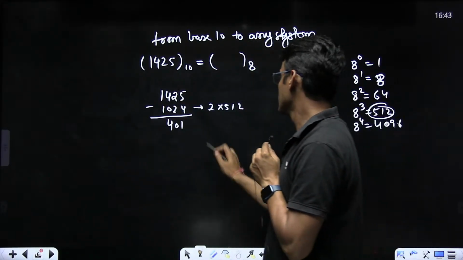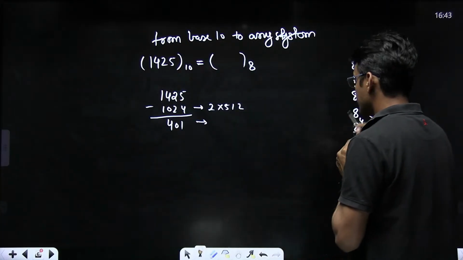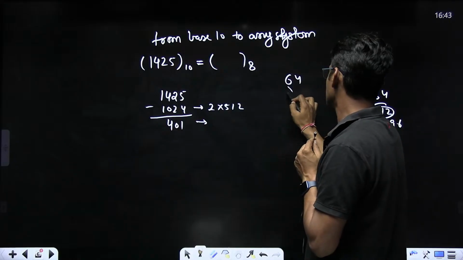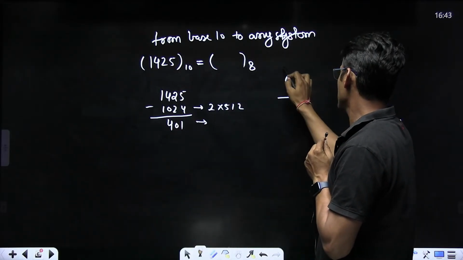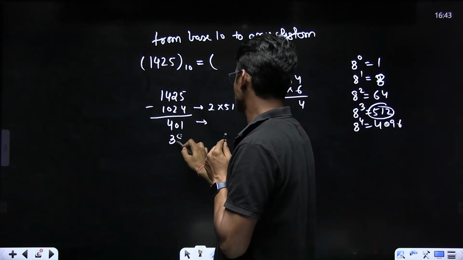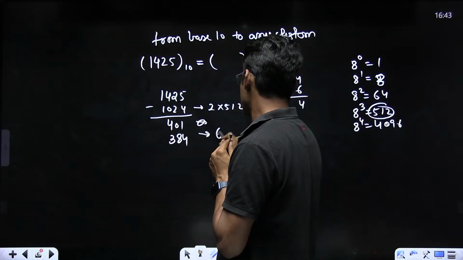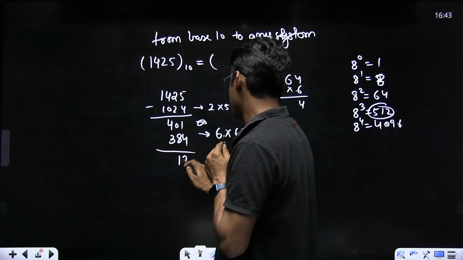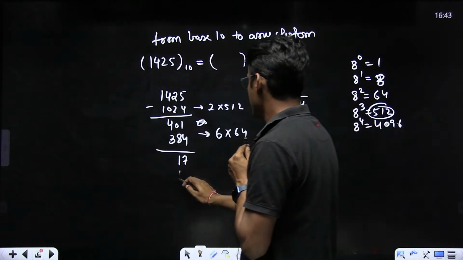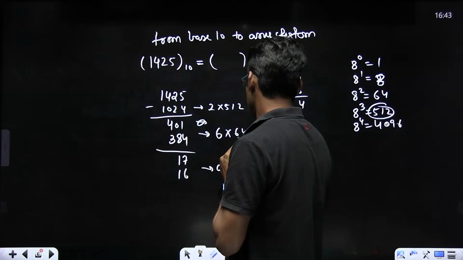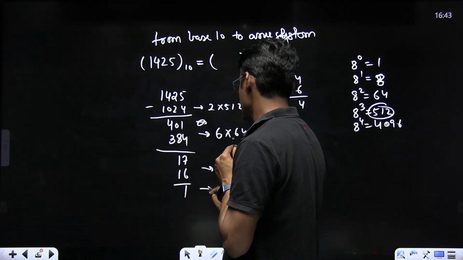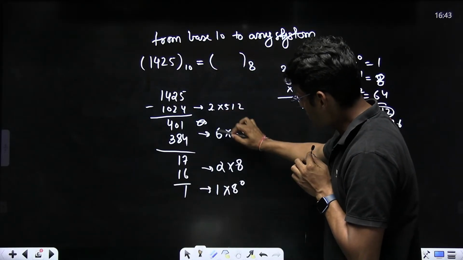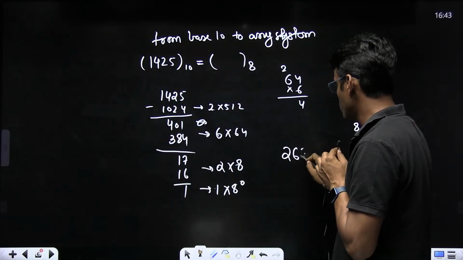Then some multiples of 64. 6 times 64 is 384. Okay, I am getting 17 here. 2 times 8, and 1, which is 1 times 8 to the power 0. So if you see properly, this is my number 2621.